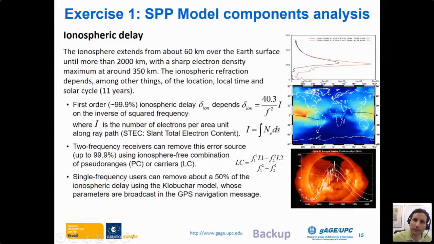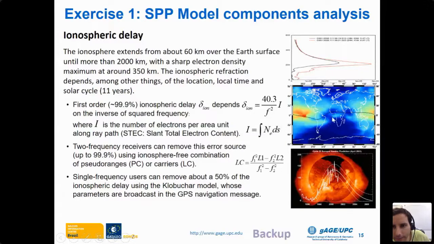We have this maximum of electron content somewhere around 300 kilometers, and this is what delays or advances the signals traveling from every one of these GPS satellites to this permanent station, CHPI.